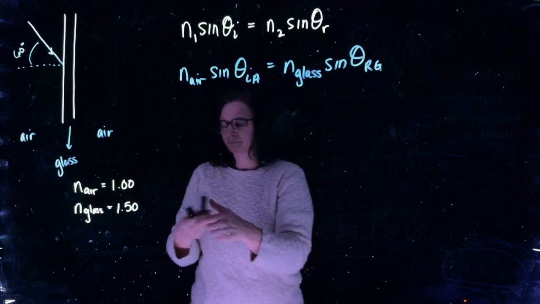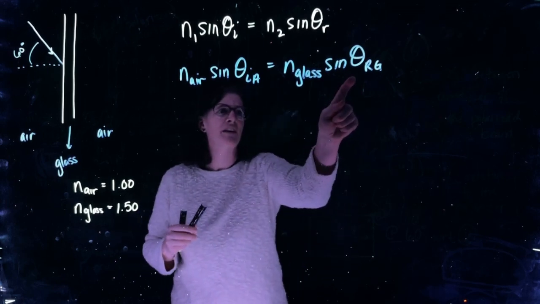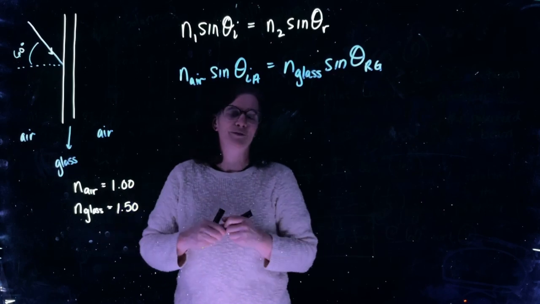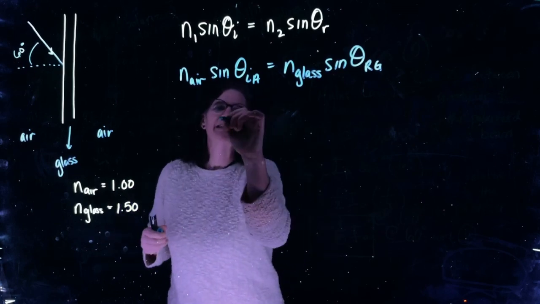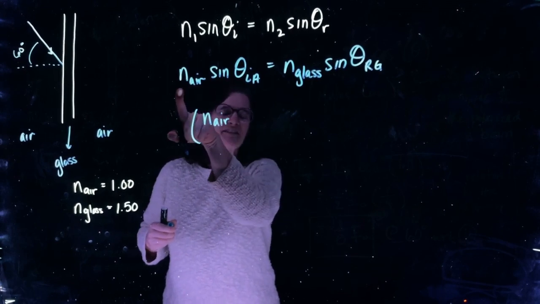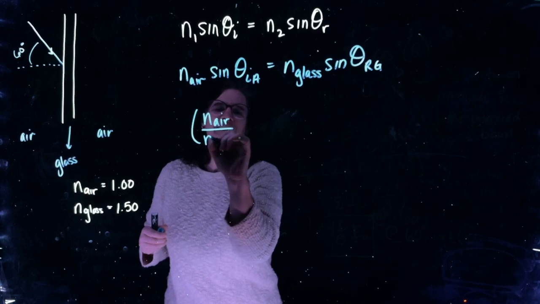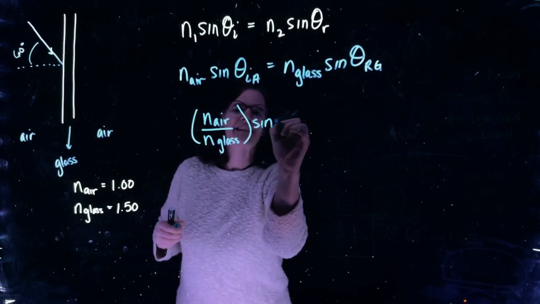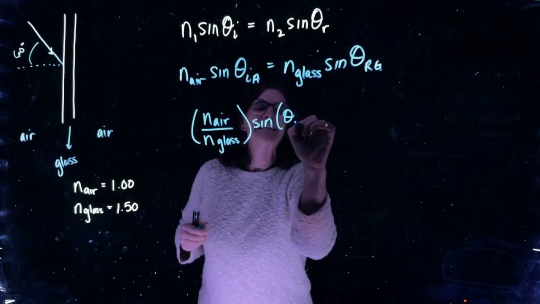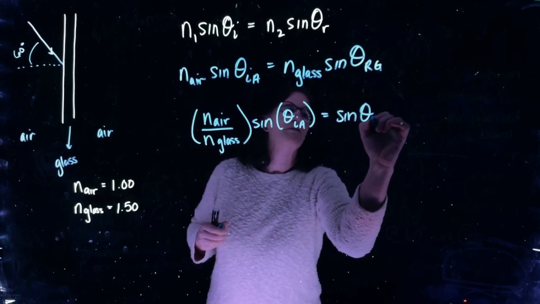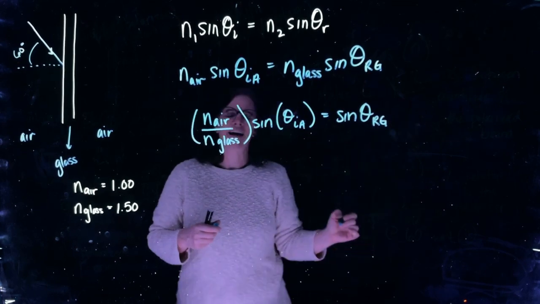We're trying to find the angle of refraction in the glass. So I'm going to solve for the sine of the angle of refraction in the glass, and we get the index of refraction in air divided by the index of refraction in glass times the sine of the incident ray in air is going to give me the sine of the refracted ray in glass.